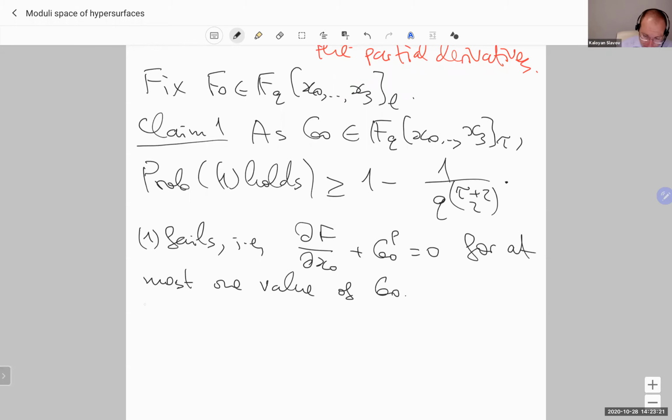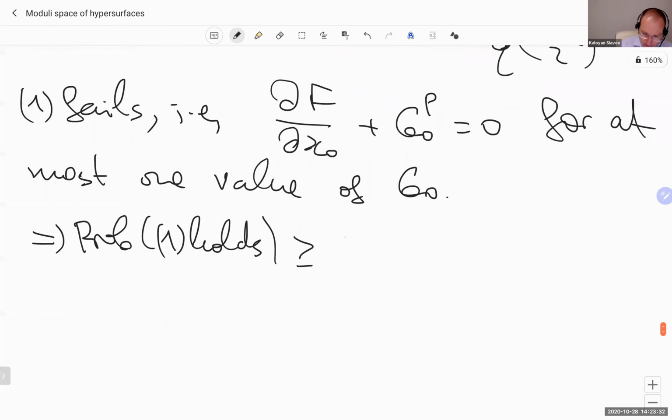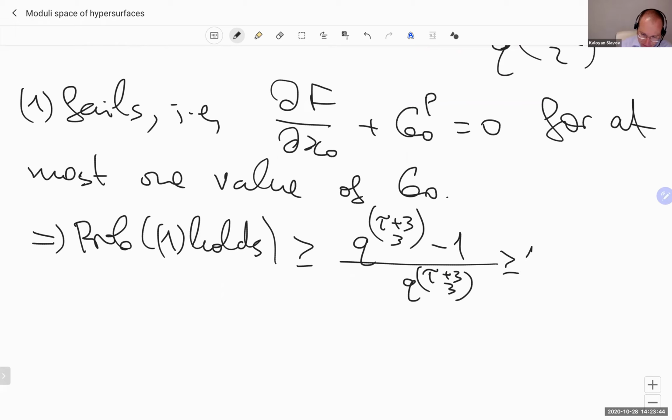And therefore, the probability that 1 holds is greater than or equal to the number of all polynomials, q to the (tau plus 3 choose 3), the number of all choices for g0, minus 1 bad one, over q to the (tau plus 3 choose 3), which is greater than or equal to 1 minus 1 over, and then the denominator, but I can give a bound, (tau plus 2 choose 2).